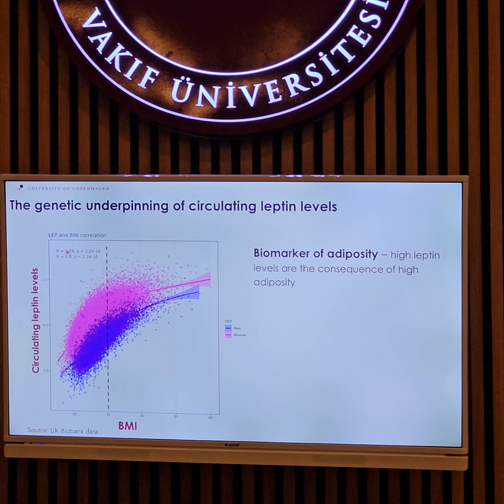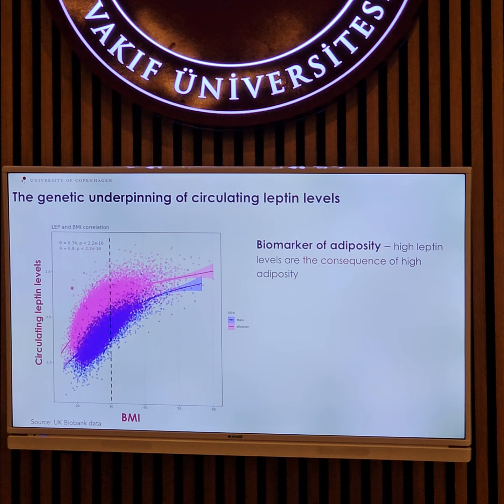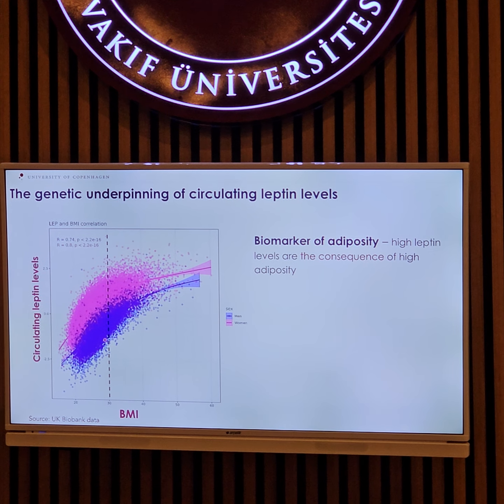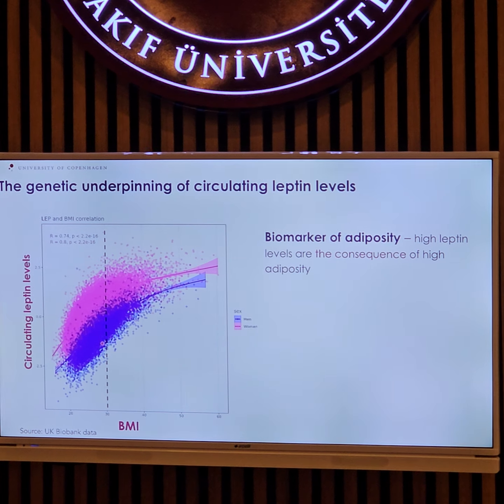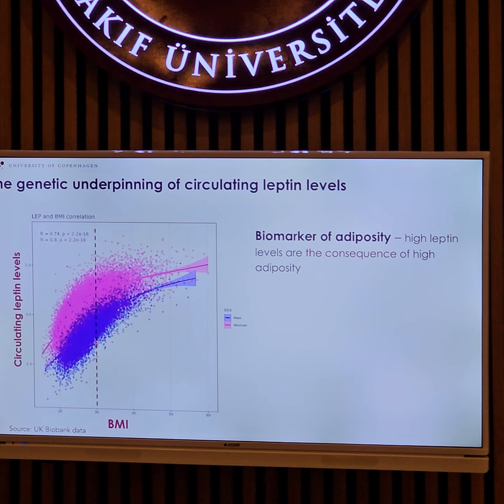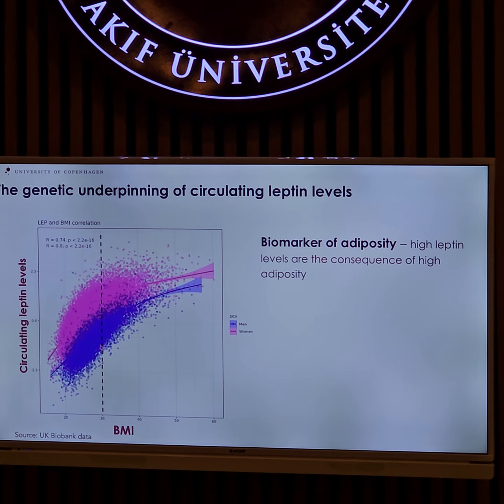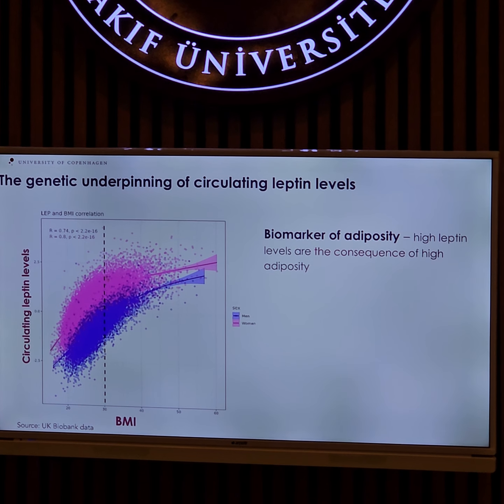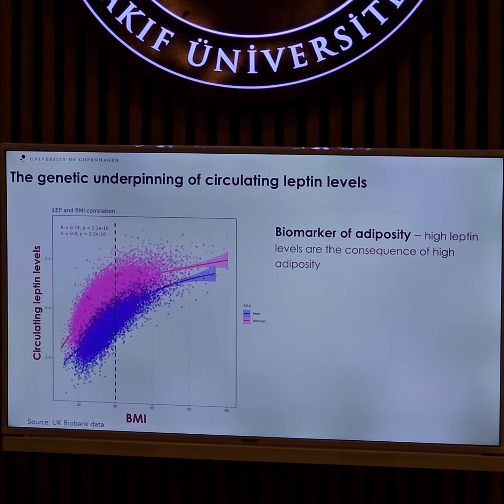So take, for example, here all individuals have a BMI of 30, but you still see there is good variation. Some individuals, despite having a high BMI, have relatively low levels of leptin, whereas other individuals with a high BMI have really high levels of leptin.